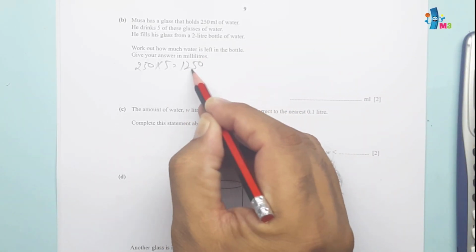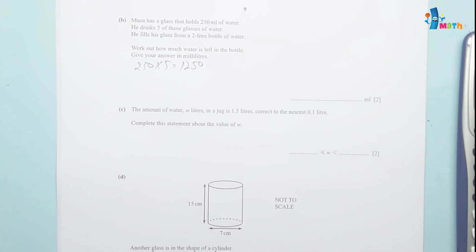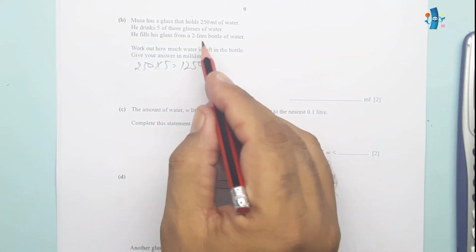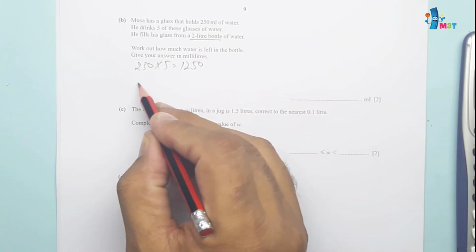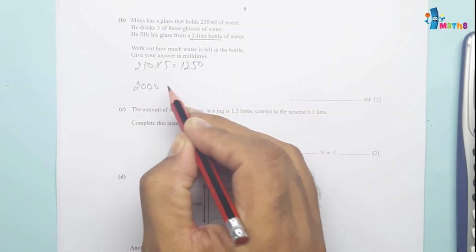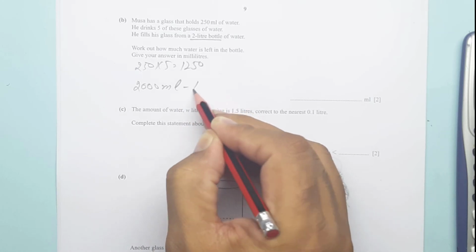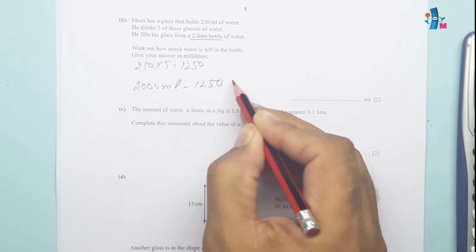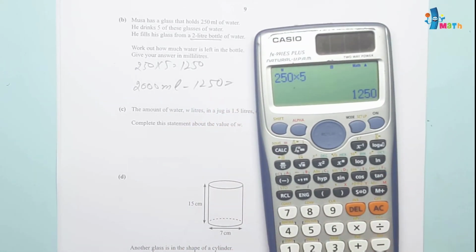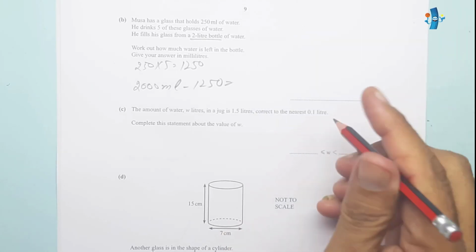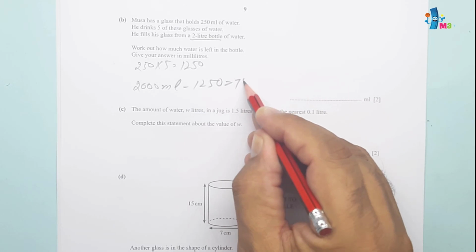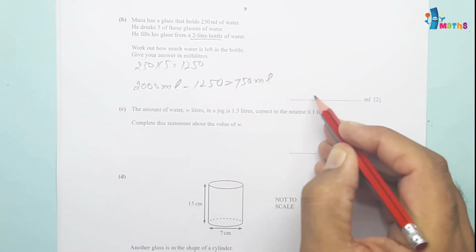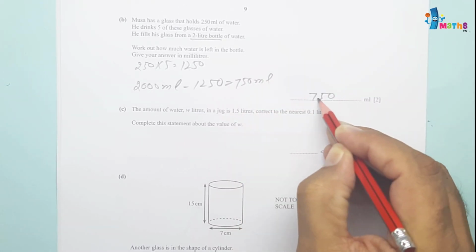This much water he's drinking in one day. He fills his glass from a 2-liter bottle. 2-liter bottle is having 2000 ml, so 2000 ml minus 1250 will be how much? So 2000 minus 1250 is equal to 750 ml. So this one 750 ml, 750 will be our answer.